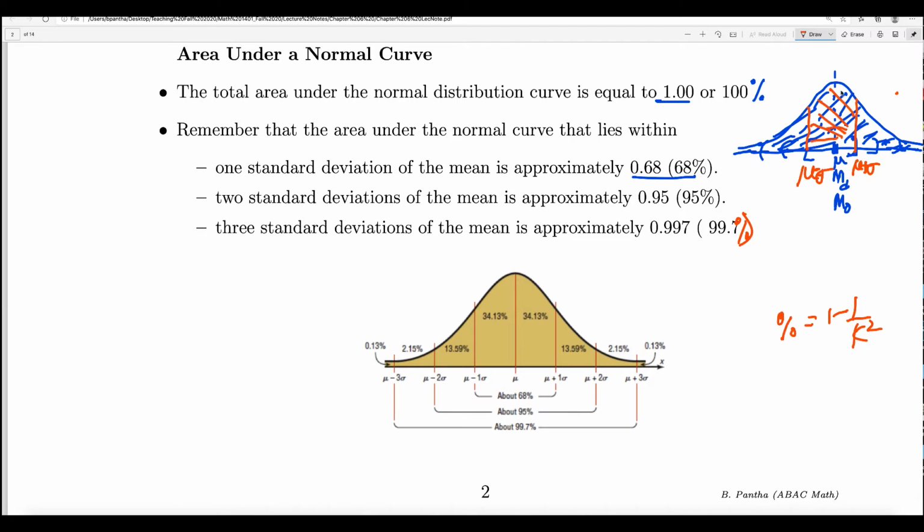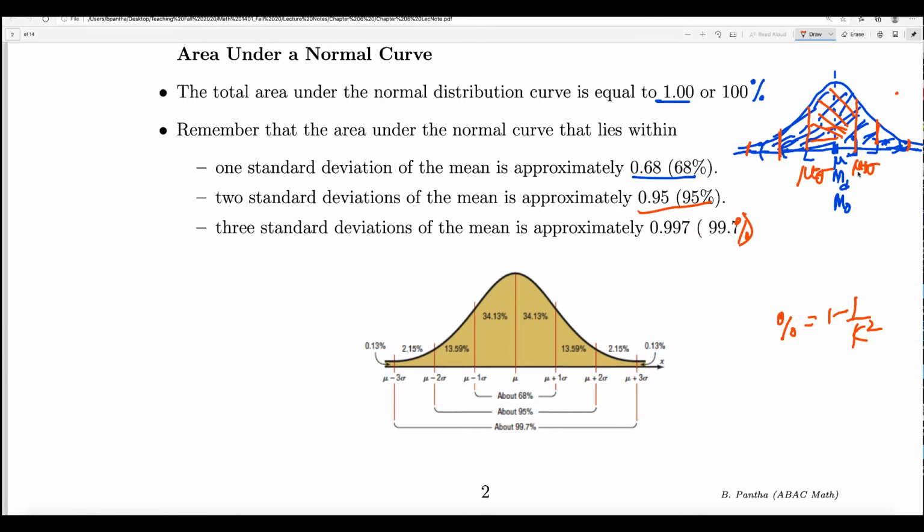About 68% of the area lies within 1 standard deviation from the mean. Similarly, about 95% of the area lies within 2 standard deviations from the mean, and about 99.7% of the area lies within 3 standard deviations from the mean.